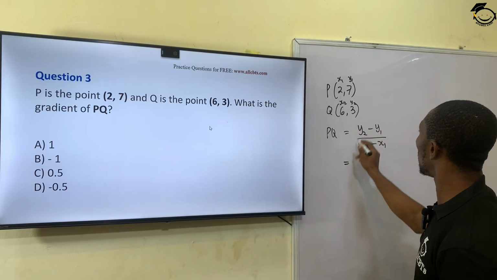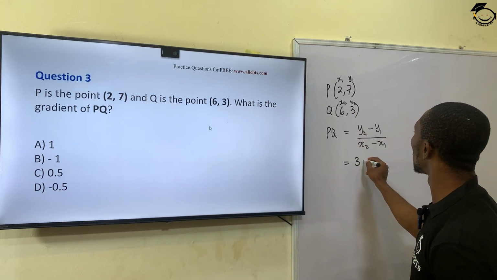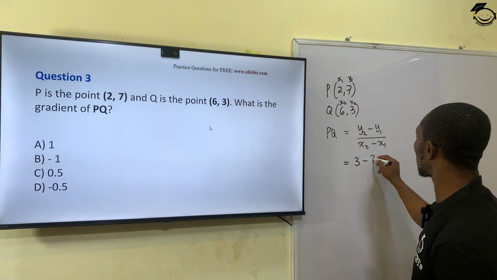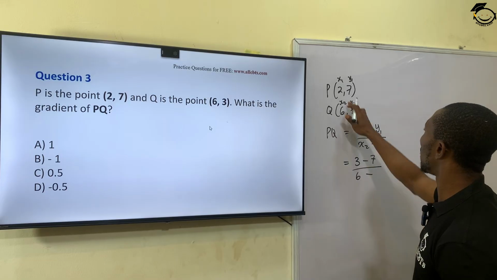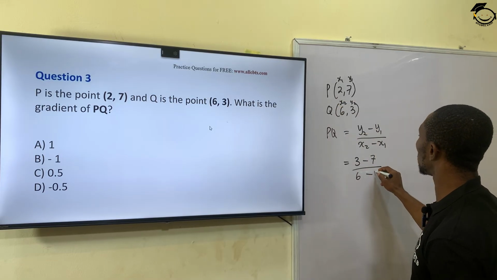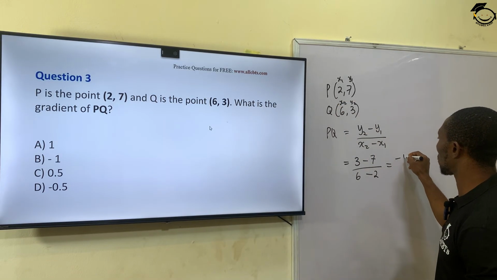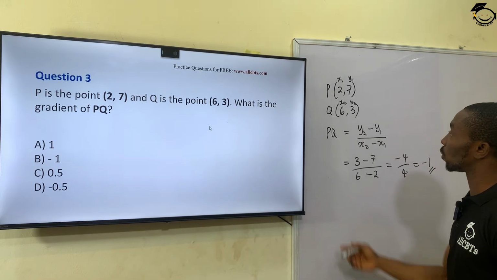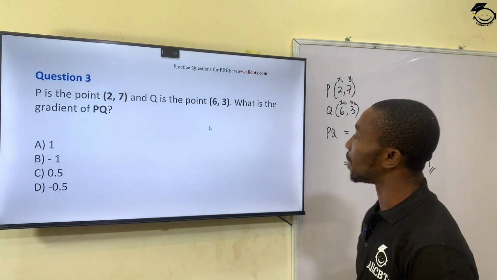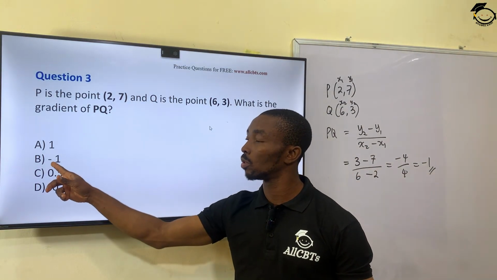So this would become y2, which is 3, minus y1, which is 7, all over x2, which is 6, minus x1, which is 2. So this gives us minus 4 over 4, which gives us minus 1. So the gradient of PQ will be minus 1, which is option B.